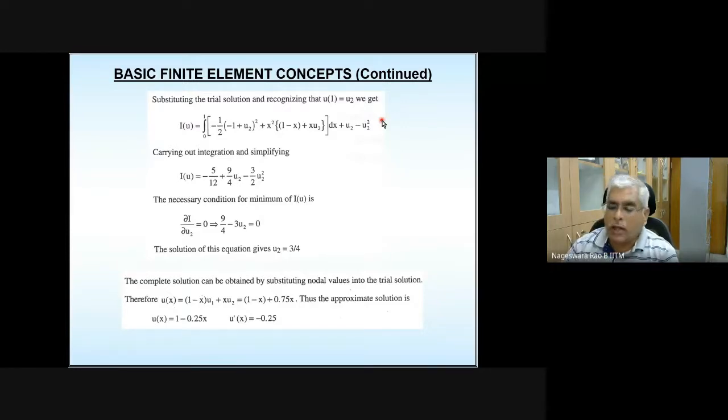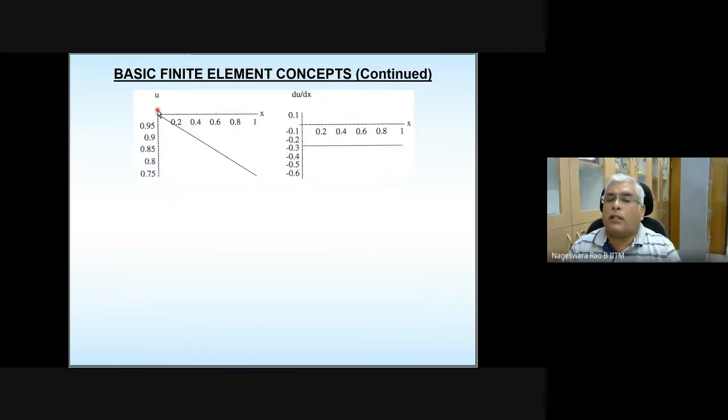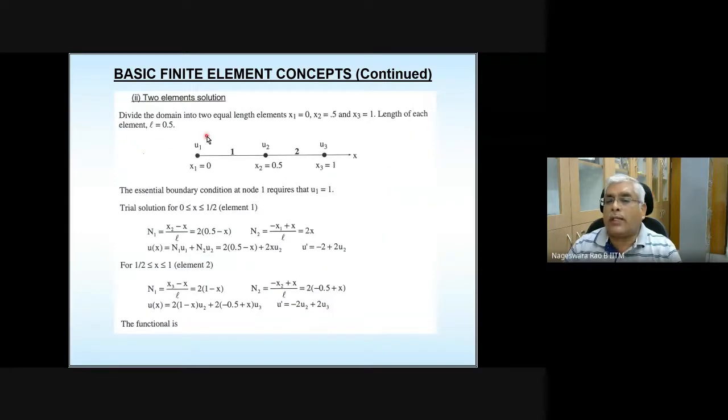Okay. So for one element, whatever solution you got, the u value and derivative of u are plotted, and this two-element solution workout is shown here. Two-element solution means there are two elements.